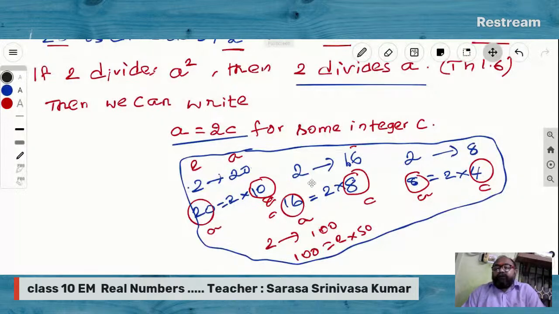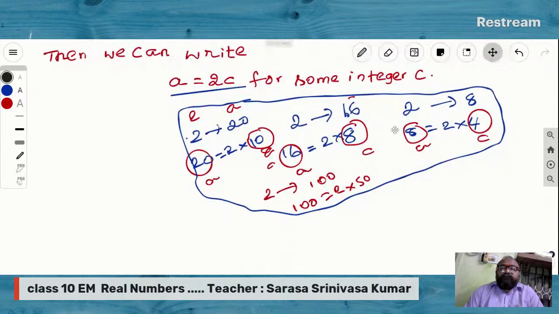If 2 divides 8, we can write 8 equal to 2 multiplied by 4. If 2 divides 100, it can be written as 100 equal to 2 multiplied by 50. So, if 2 divides a number a, then we can write a equal to 2c for some integer c. We can understand this statement by observing these examples.